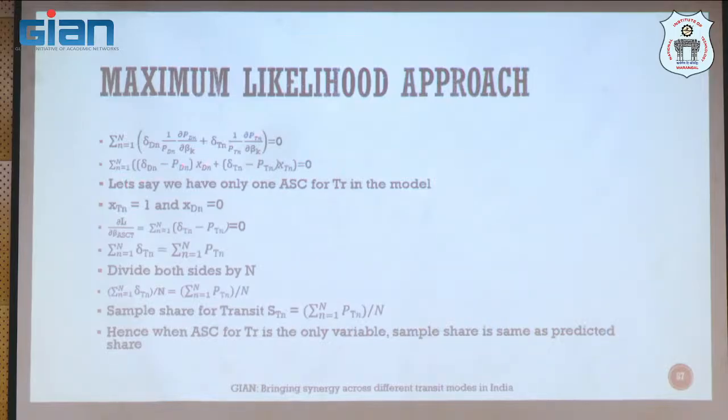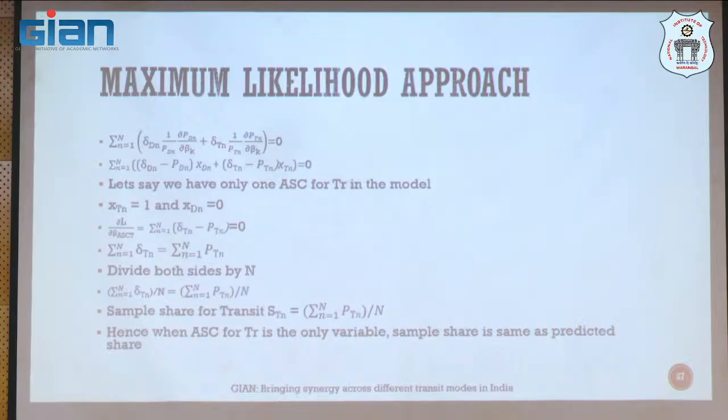So the sum of delta TN minus PTN times 1 is equal to 0, which means the share of the probability that you get for transit is the same as the observed share of transit.